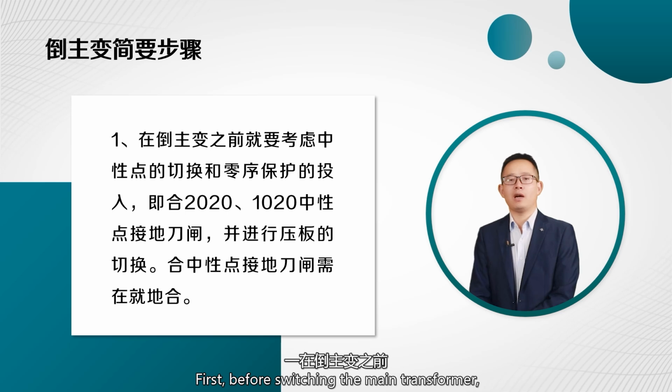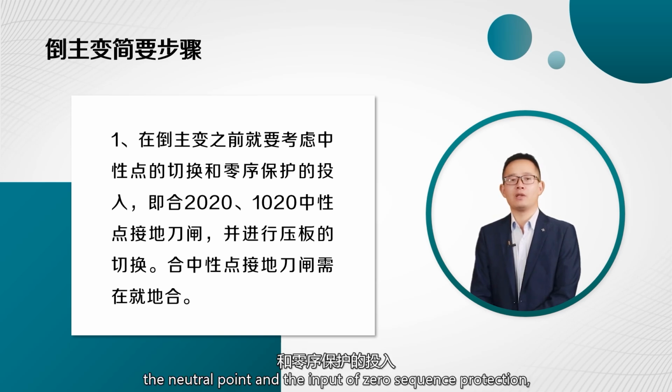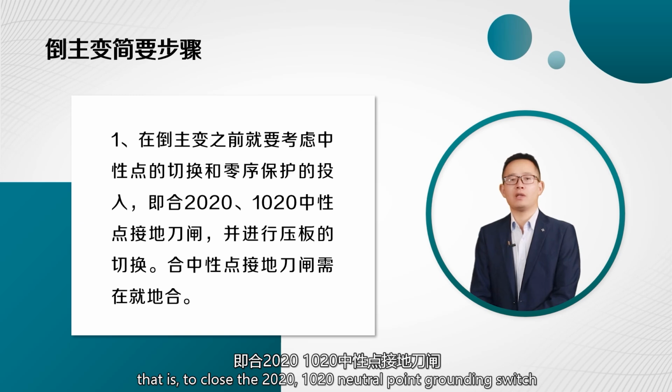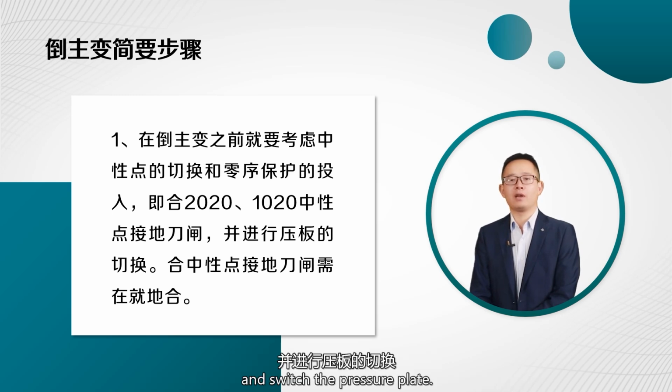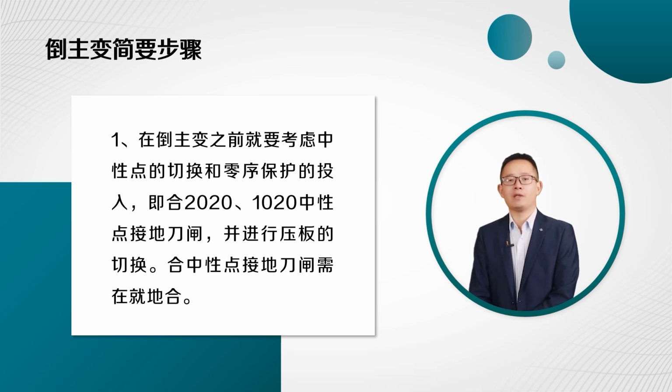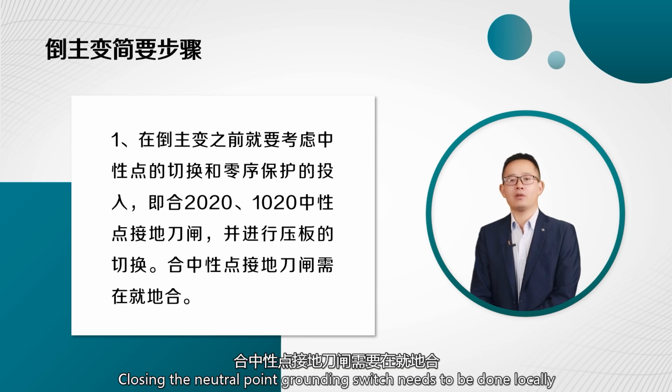First, before switching the main transformer, it is necessary to consider the switching of the neutral point and the input of zero sequence protection. That is, close the 2020 and 1020 neutral point grounding switches and switch the pressure plates. Closing the neutral point grounding switch needs to be done locally.